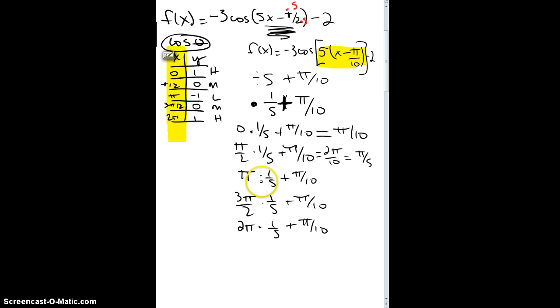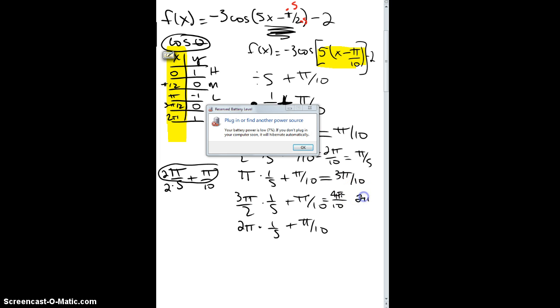Over here I get pi over 5 plus pi over 10. Again, to add those, you need a common denominator. So I'm going to double and double. So I get 2 pi plus pi all over 10, which is 3 pi over 10. This one, I get 3 pi over 10 plus pi over 10, so that's 4 pi over 10, and that reduces to 2 pi over 5.